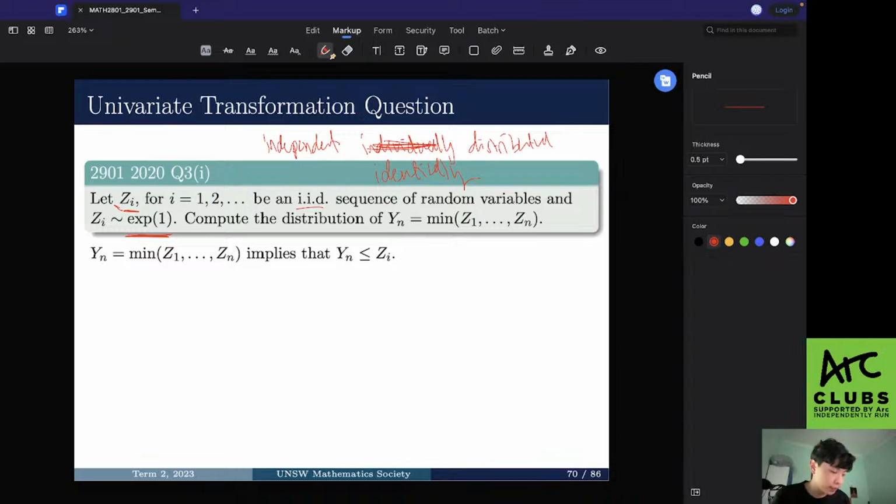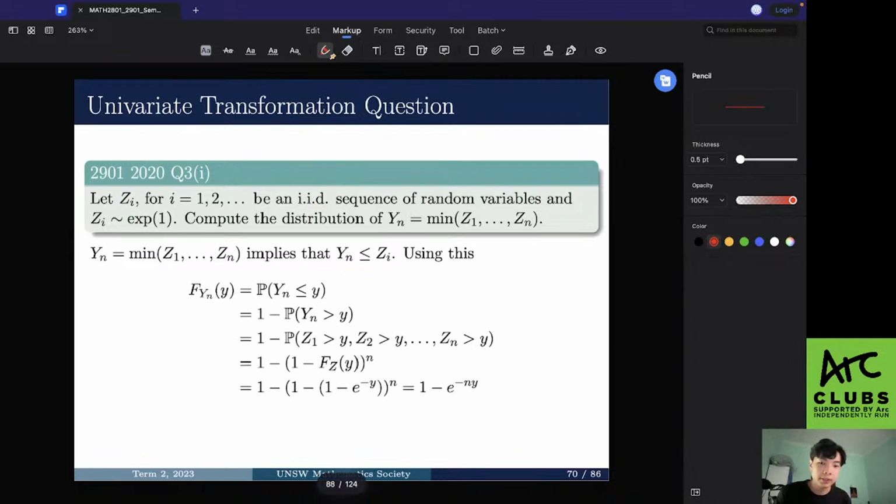So for the minimum specifically, we generally use the fact that yn is less than or equal to all of zi, and if we translate this into our capital F of x, we see that F of yn is equivalent to the probability of yn being less than our value y. This isn't actually helpful for us because we want to use the fact that yn is a lower bound, right?